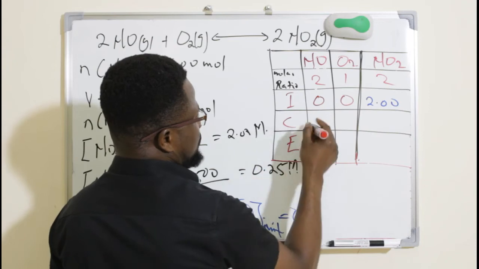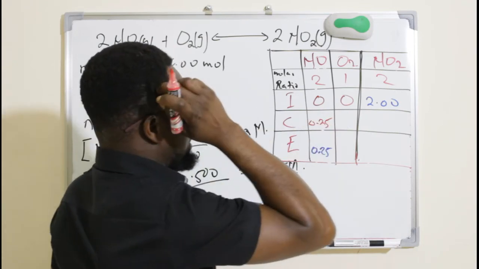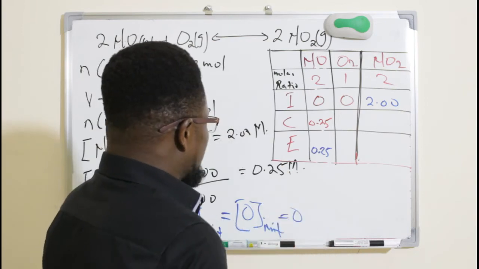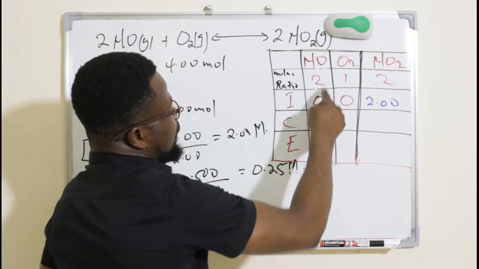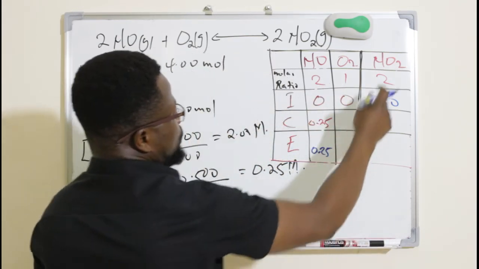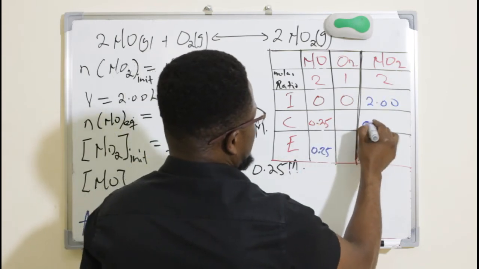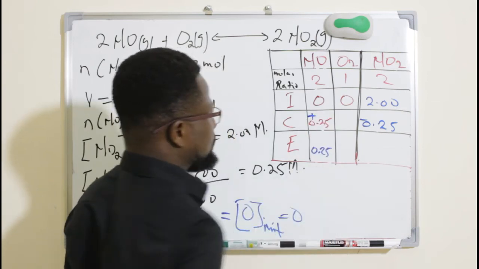It is the same thing, so this will become 0.25. Then we will use the mole ratio to complete the table. If 2 is giving you 0.25, what would 1 give to you? 2 will also be 0.25, but this is negative, this is positive.